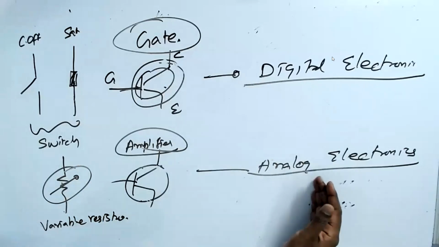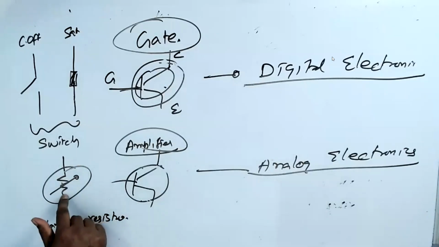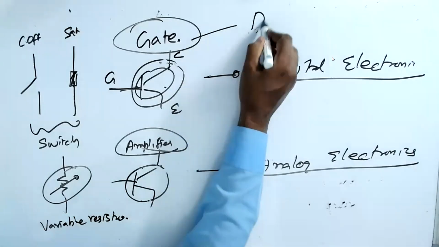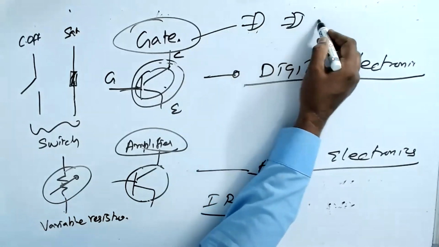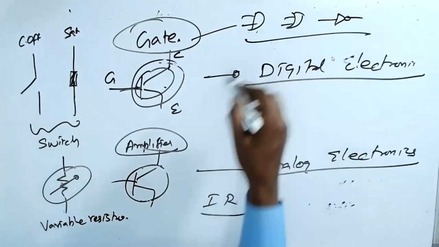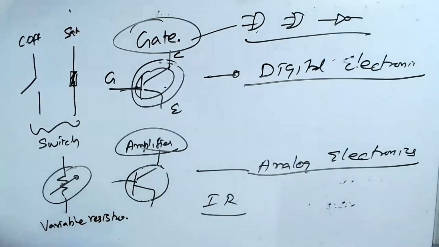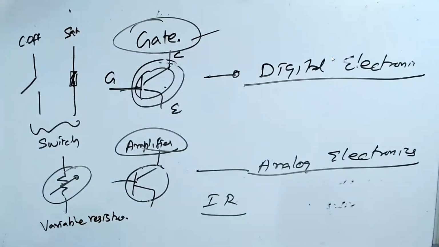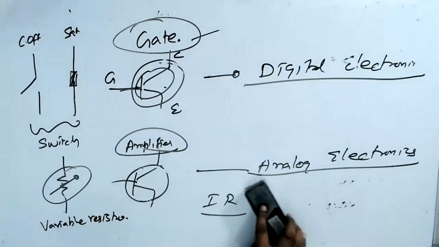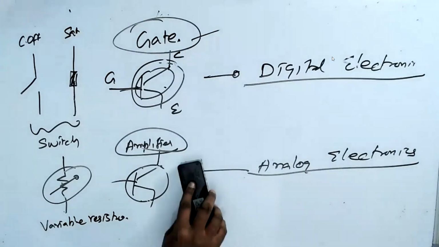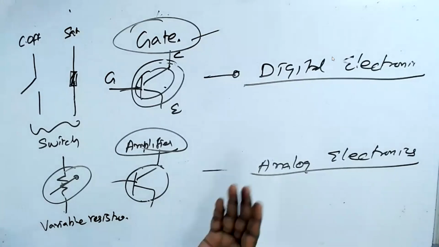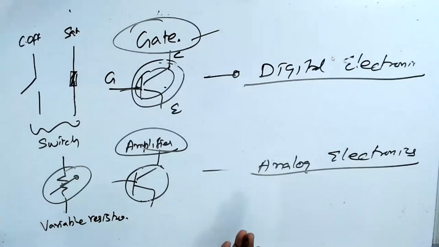That's why, when I use the IR, from here only we derived this gate as AND, OR, NOT. From there, we proceed to the combinations and everything, which you can watch in the digital electronics class videos. Understand now? So you understand the big difference between digital electronics and analog electronics.